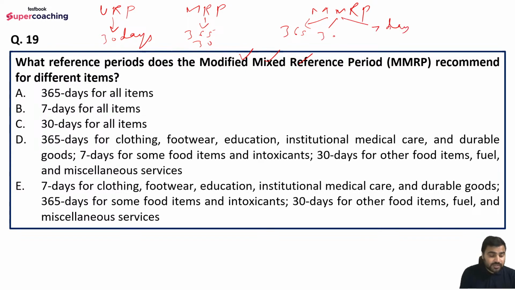So three reference periods are there in the case of modified mixed reference period, right? So options are 365 days for all items, 7 days for all items, 30 days for all items.